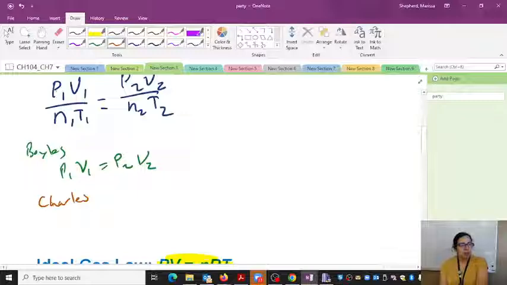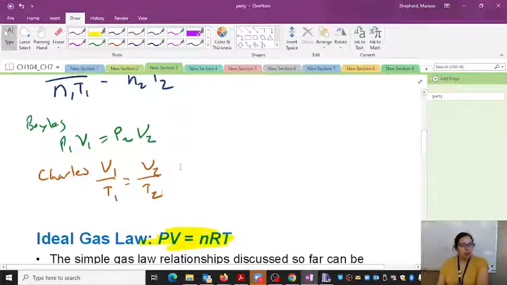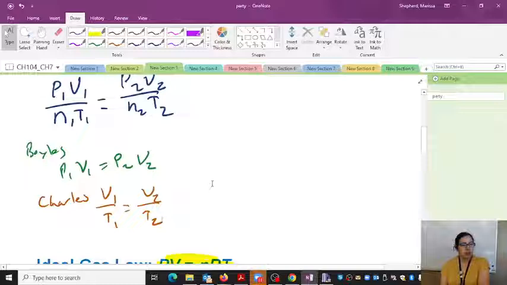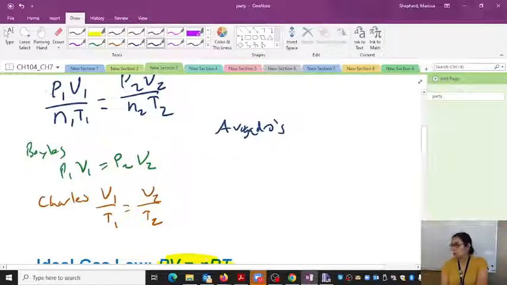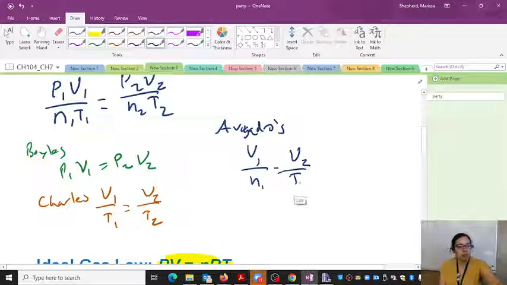So pressure and moles, that would all cancel out to give us back our Charles's law. And then of course we could also get out Avogadro's as well, so just looking at moles and volume, so holding pressure and temperature constant, so everything cancels to give you back out, again, our individual laws.